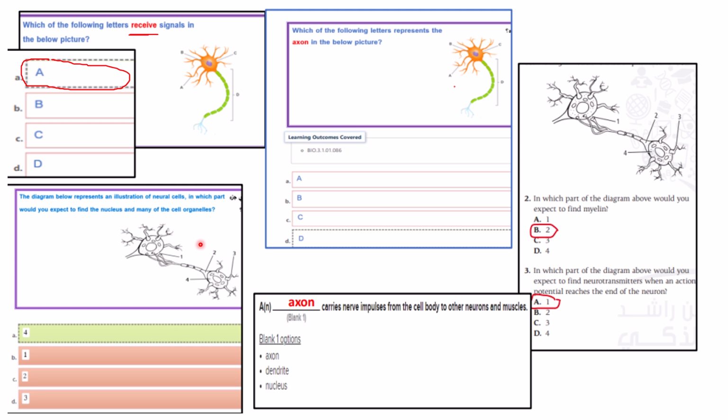In which part would you expect to find the nucleus and many of the other cell organelles? It is in the cell body, so you know it is 4. Then which one is the axon in the picture, and in which structure would you expect to find myelin? That is 2. So these kinds of questions can be expected.